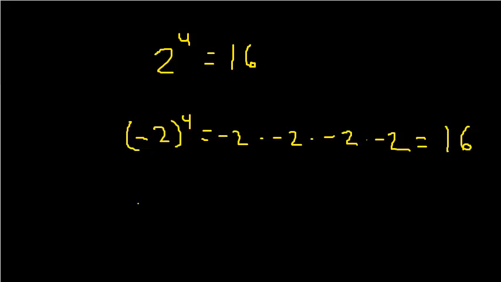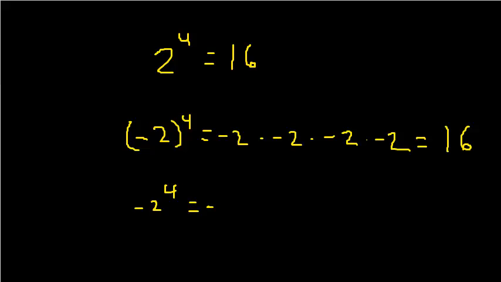So take a look though, if I write it like negative 2 to the 4th power without parentheses. This is the only time that I do not automatically associate that negative sign with the number that comes right after it. Here, this is 2 to the 4th power, and it's being made negative. Here, just the 2 is being raised to the 4th power.